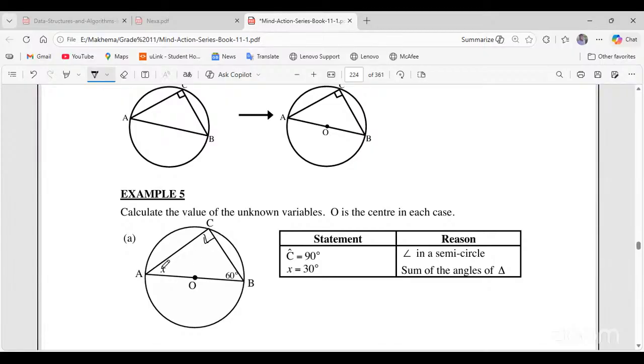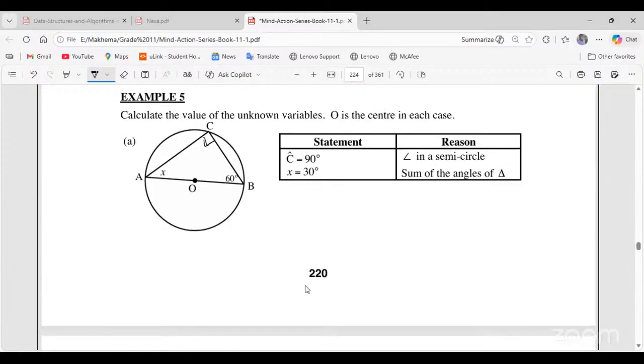Now, x plus 60 plus 90 is equal to 180 degrees, reason being the sum of angles in a triangle. Why did we say this is 90? By theorem 3, that is angle in a semicircle. Now x will be 180 degrees minus 90 minus 60, and x will be equal to 30 degrees.